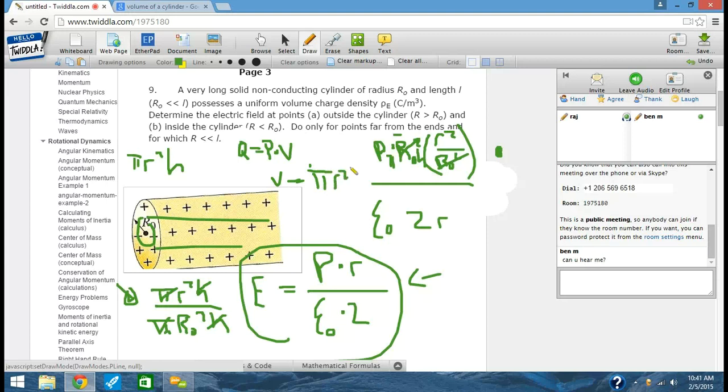And Raj, will that be the volume of the entire cylinder or just the volume of the Gaussian cylinder? Could you rephrase the question? Well, we want the charge that's enclosed, right? So when you do rho times V, will that V be the volume of the entire cylinder or will it be just the Gaussian cylinder? The Gaussian? Yeah, just the Gaussian.